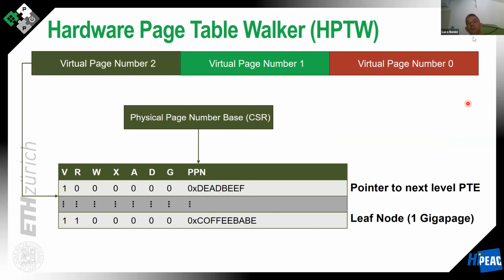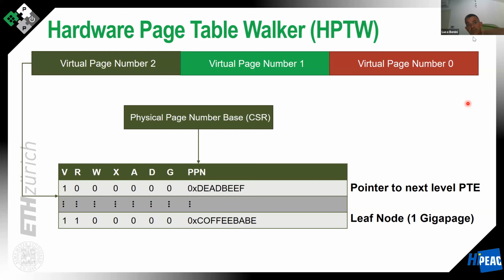Without going too much into the details, the working of the hardware page table walker is fundamentally aimed at automatically walking the page table, following the links, the pointers in the page table, to get to your final virtual address when you have a page miss.